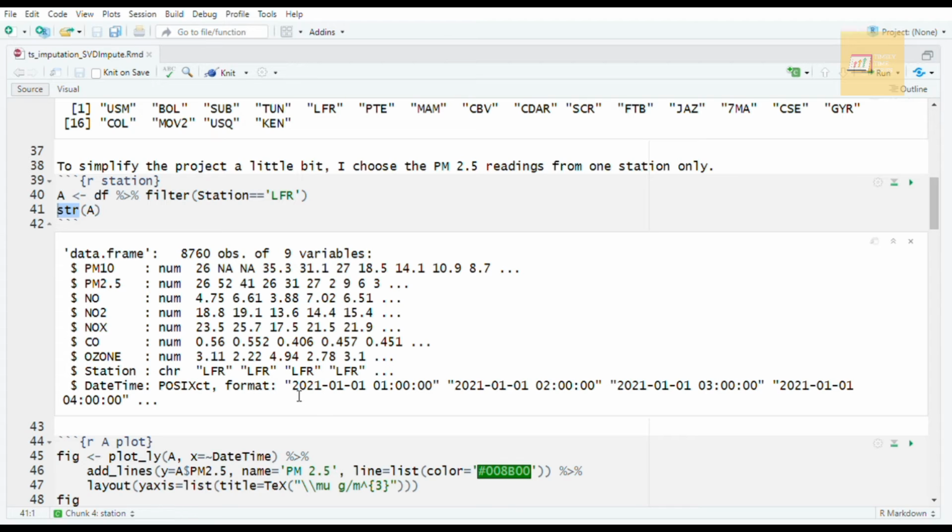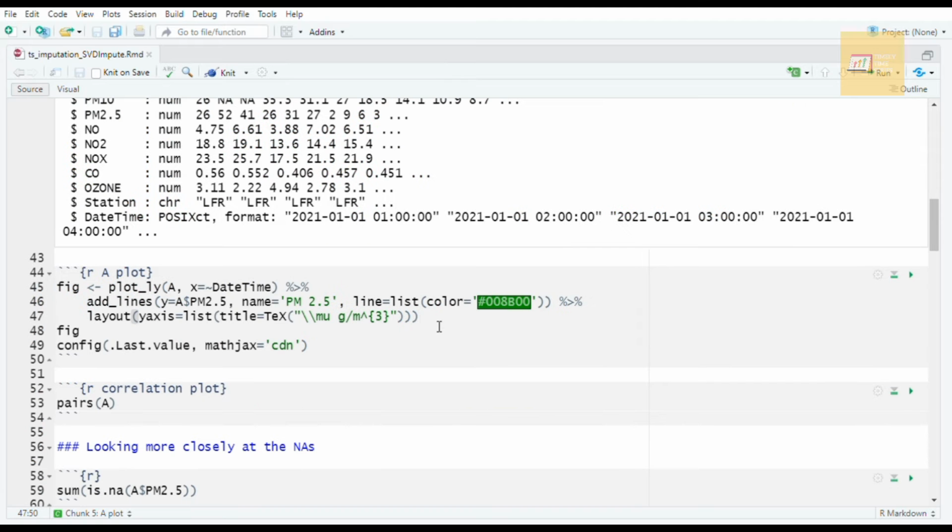As we can see, the first date time value is this, at 1 a.m., and then the next is 2 a.m., 3 a.m., and so on. There are other measurements besides PM 2.5, such as PM 10, nitrogen monoxide, nitrogen dioxide, and so on. In this cell, I make the time plot for PM 2.5, the time series we want to impute. So here it is.